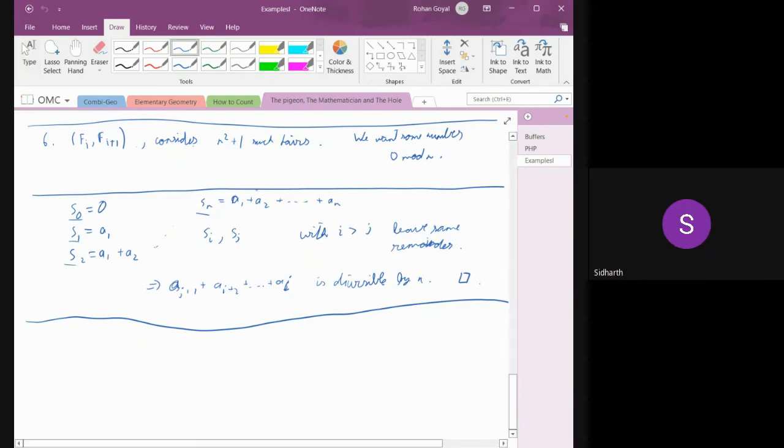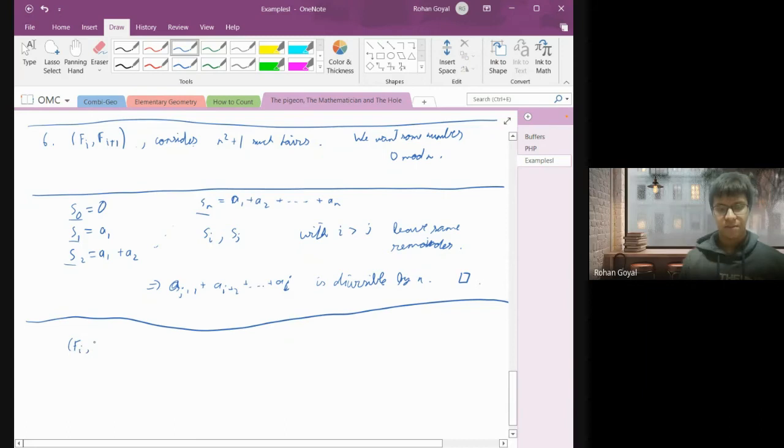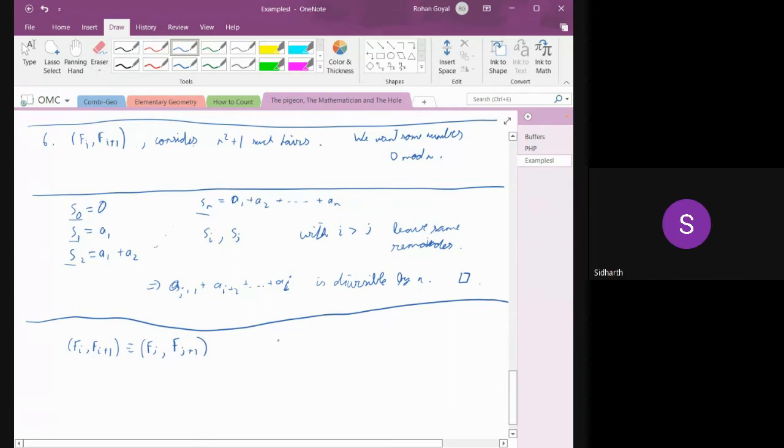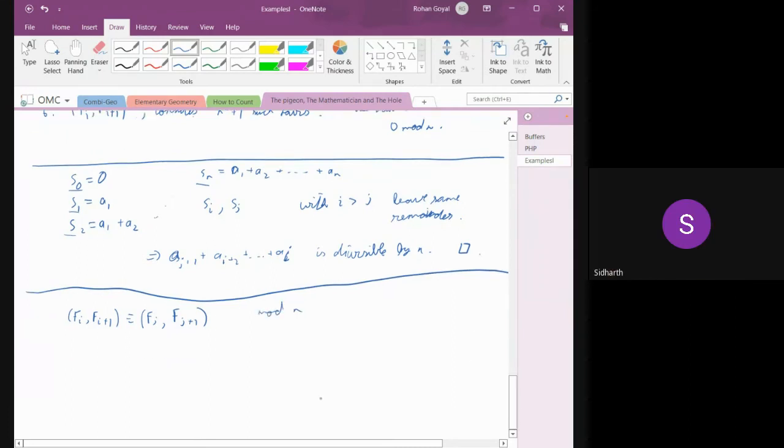Okay, if you have n square plus 1 pairs and some two are congruent mod n, Fi comma Fi plus 1 congruent to Fj comma Fj plus 1 mod n, then you can keep subtracting from the left. Keep going left.